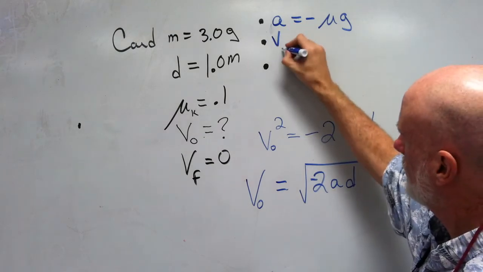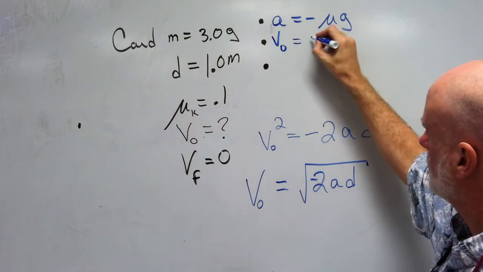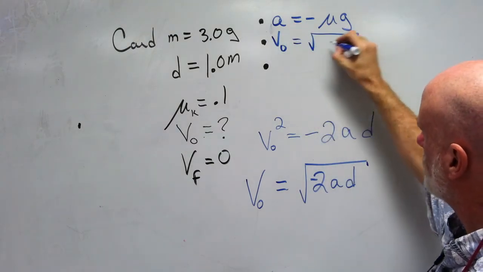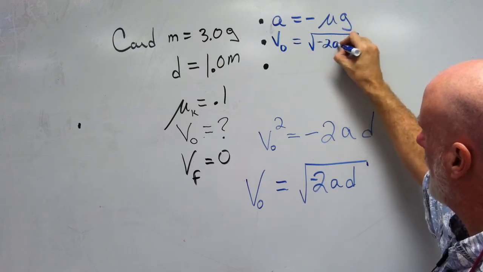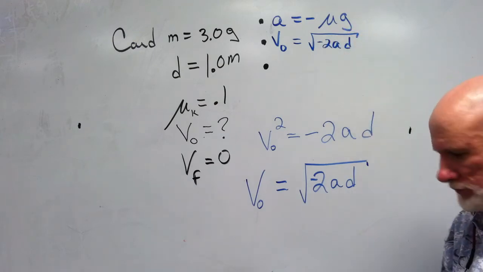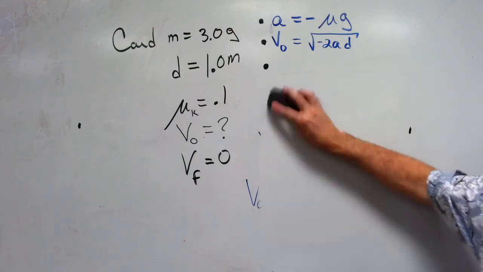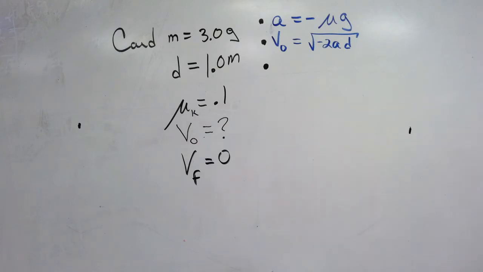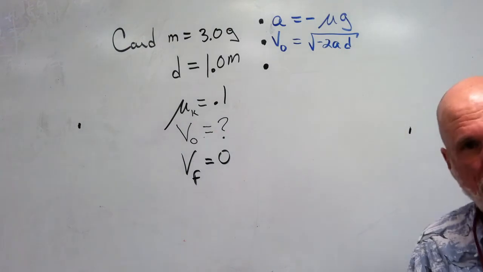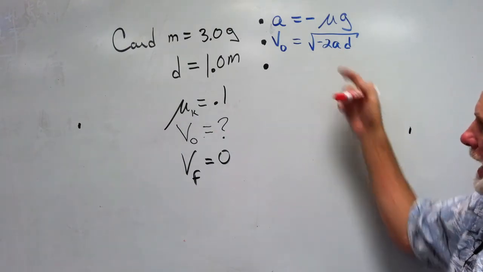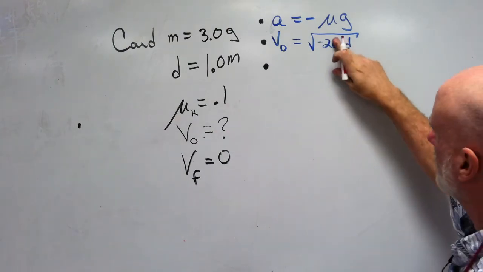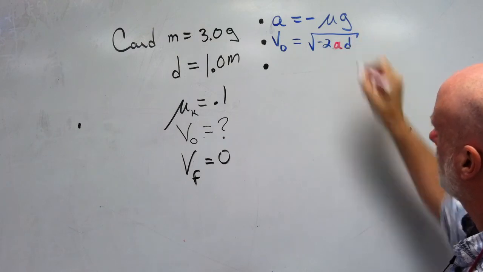So V naught equals square root negative 2AD. So far, so good? Now, let's erase this. I want to substitute in for A.